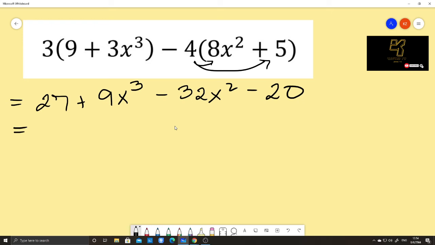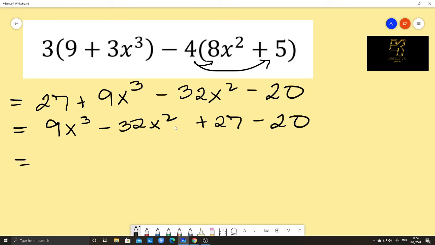So let us regroup. 9x power of 3 minus 32x power of 2. So we cannot add something here. And then, what's next? Plus 27 minus 20.